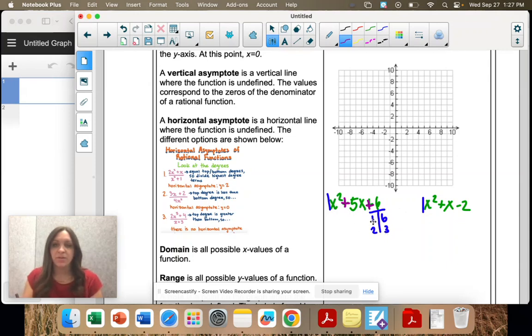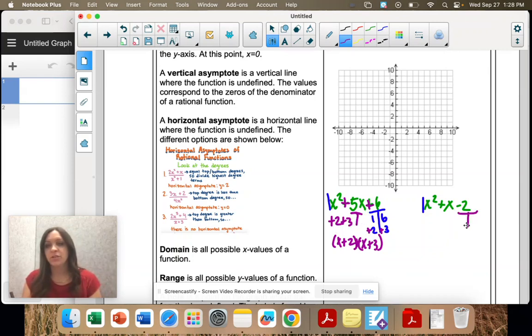So think about if you have -1 plus 6, that's going to multiply to a -6, and it has to be positive. So we're going to use 2 and 3 as our factors. So 2 plus 3 is that 5. 2 times 3 is 6.